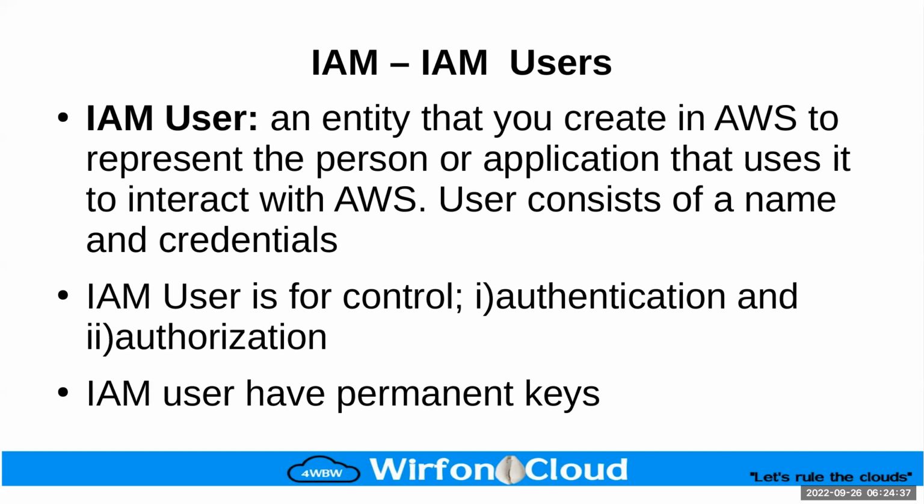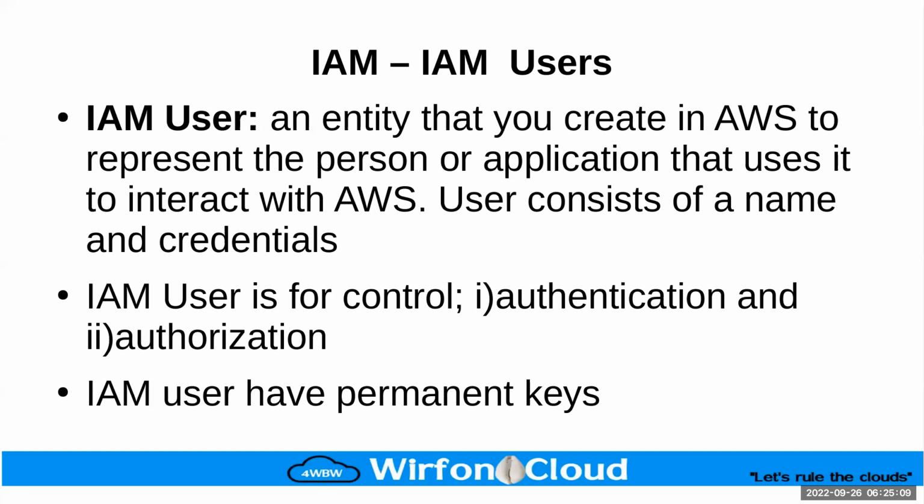Then, IAM users also have permanent keys. This is completely different from your password. Permanent keys are used when you have to do programmatic access using the command line. When we demonstrate how to use the AWS command line, you'll see how these permanent keys come into play.